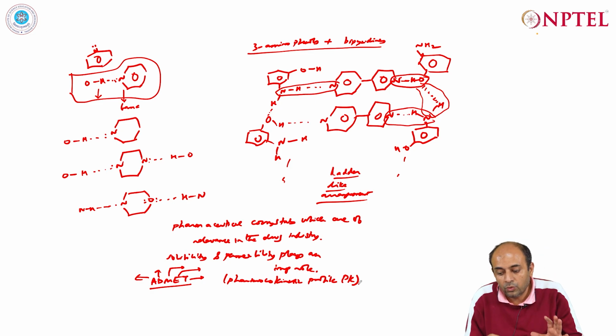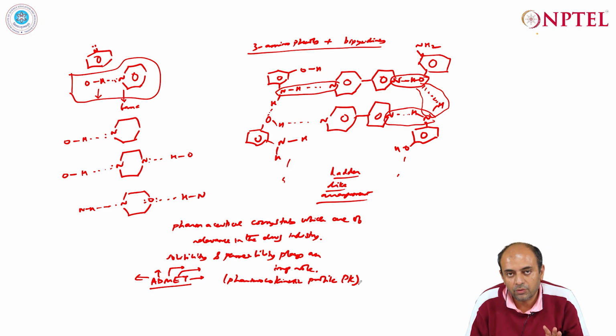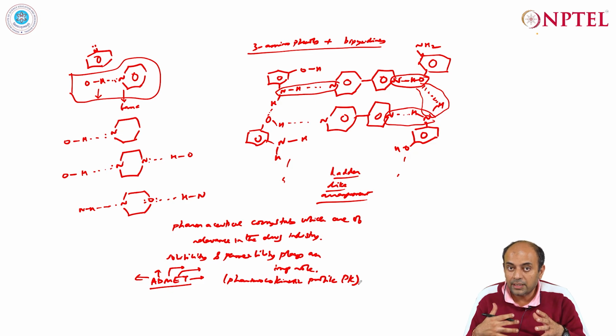Now, there are two reasons why this concept of pharmaceutical co-crystals become very important. One is to enhance the chemical properties of the drug, that is we can either get salts which are going to be more soluble compared to that of the parent drug which have poor solubility, and we can also improve the physical properties of these drugs, because when you make drugs there are a lot of practical issues associated with drug formulation.